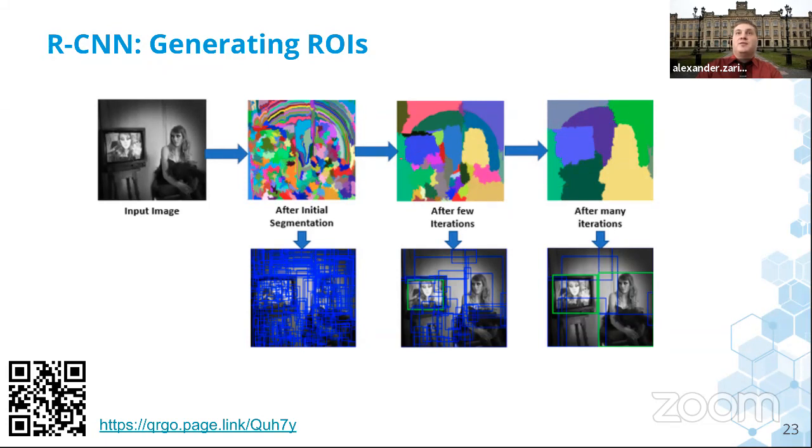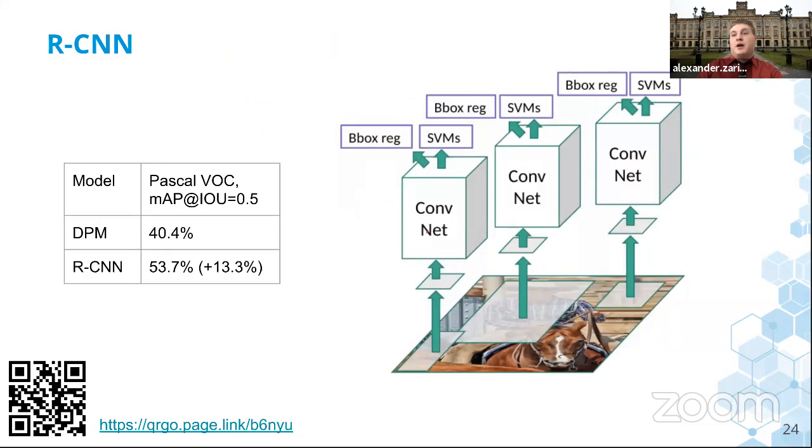ROIs from different stages. And then we simply put these regions through a convolutional neural network, extract some deep features, and use these features to classify these regions. As a result, we may detect the objects.